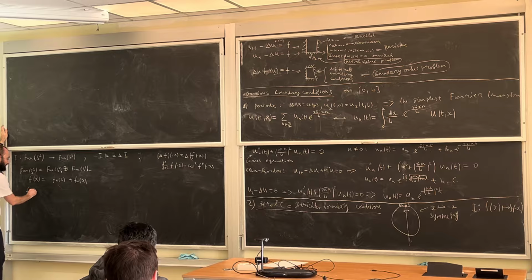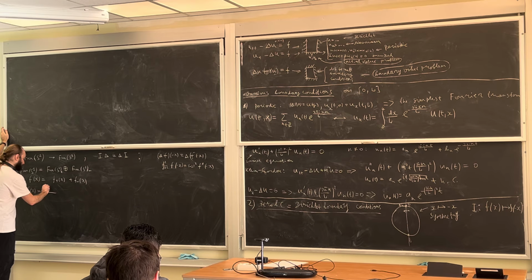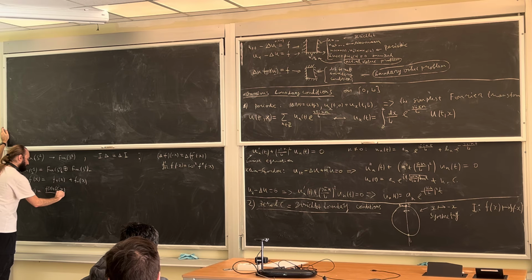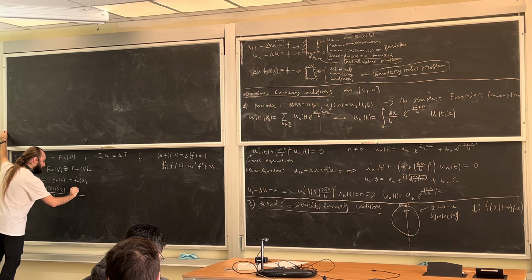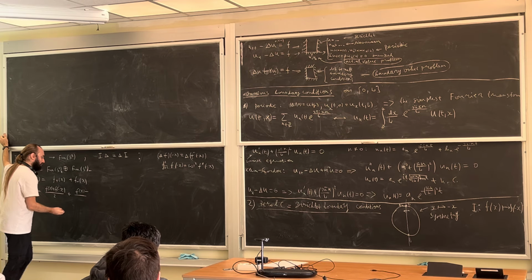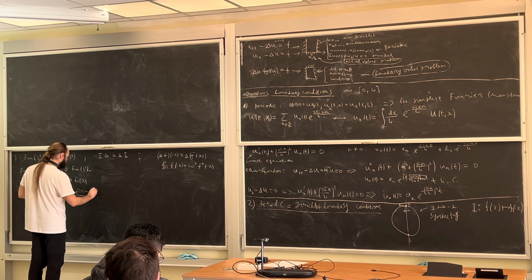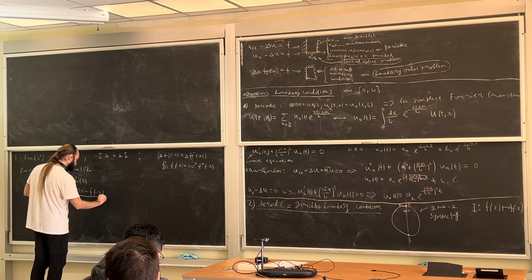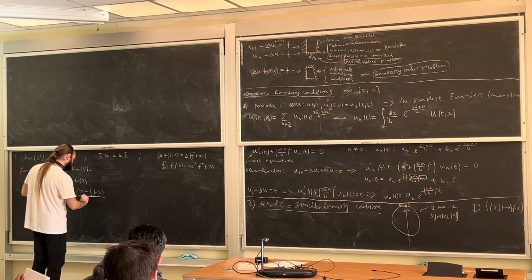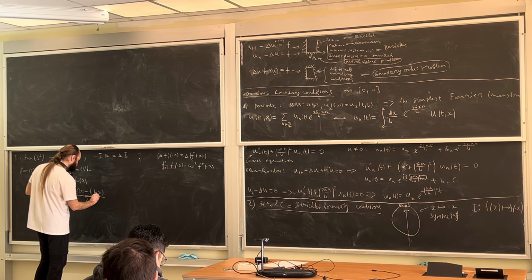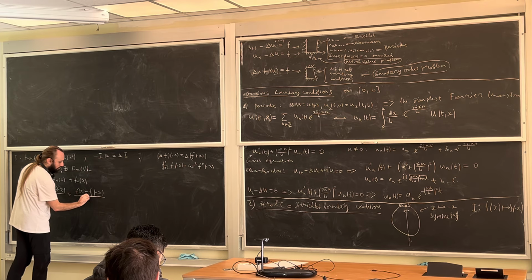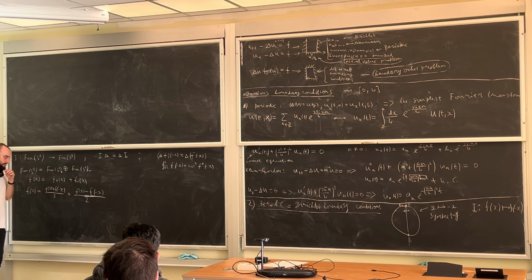In the sense, this formula reads literally like f of x plus f of minus x over 2 plus f of x minus f of minus x over 2. Right.